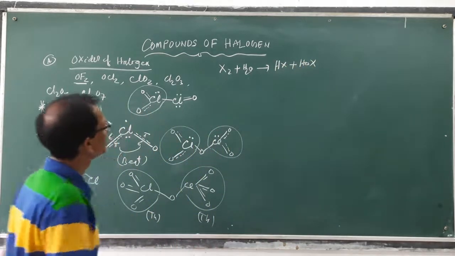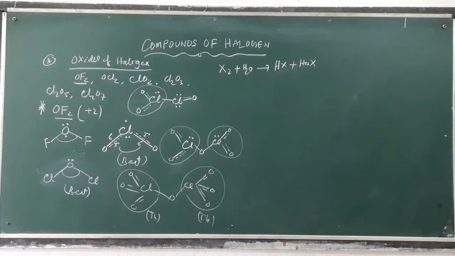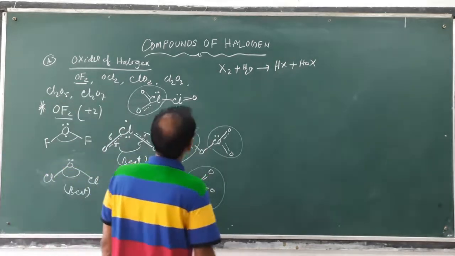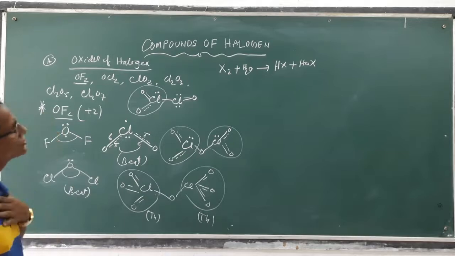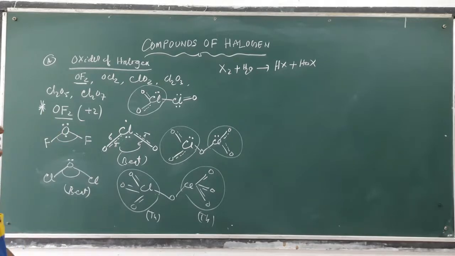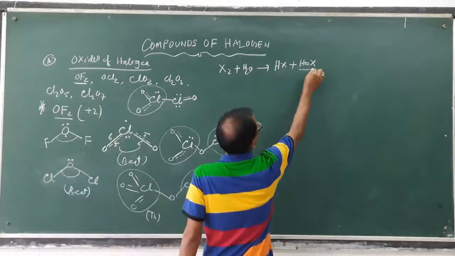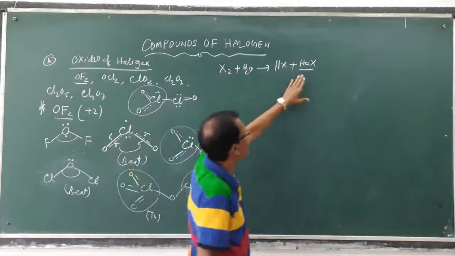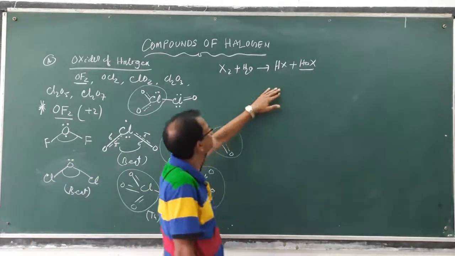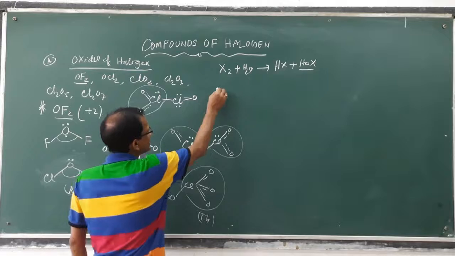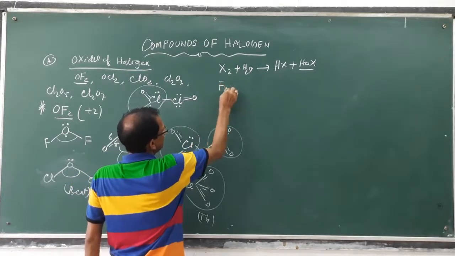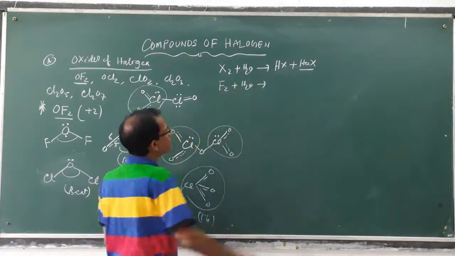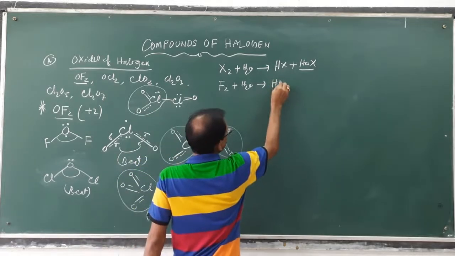HOX is called hypohalous acid. But the only exception is fluorine.